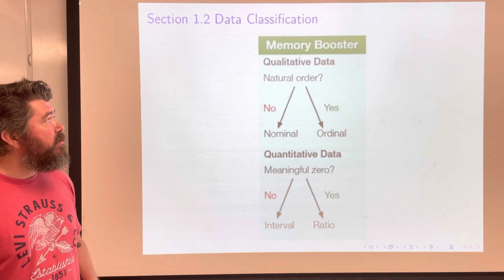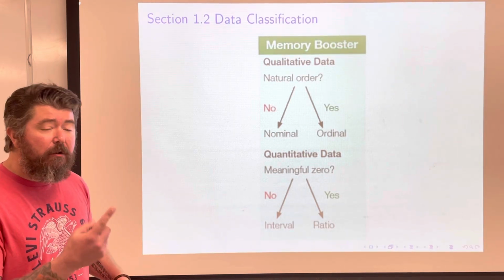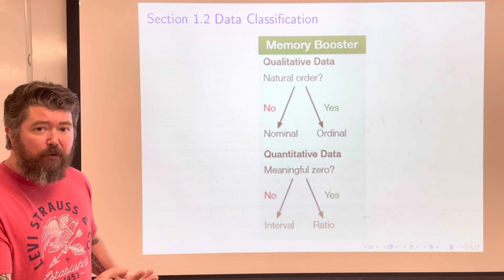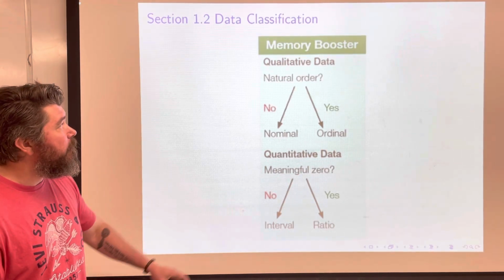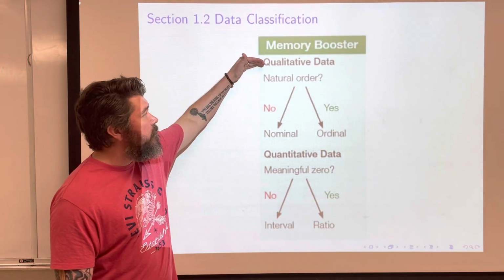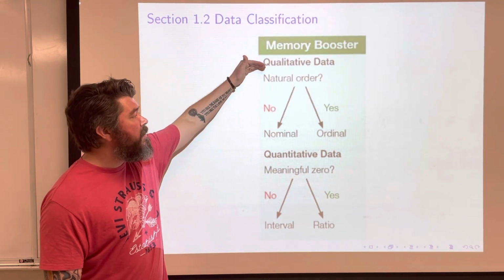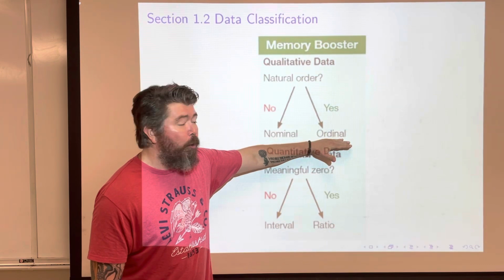A memory booster to remember whether our data is nominal, ordinal, interval, or ratio is to ask the following. So first of all, ask yourself, is the data qualitative? If the data is qualitative, then the data can be either nominal or ordinal.